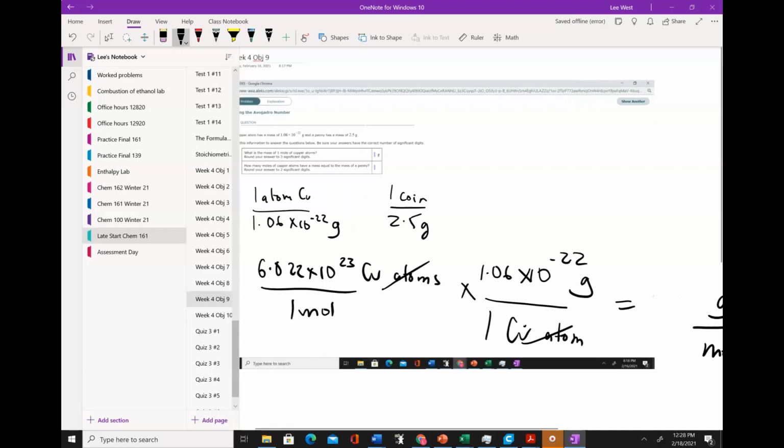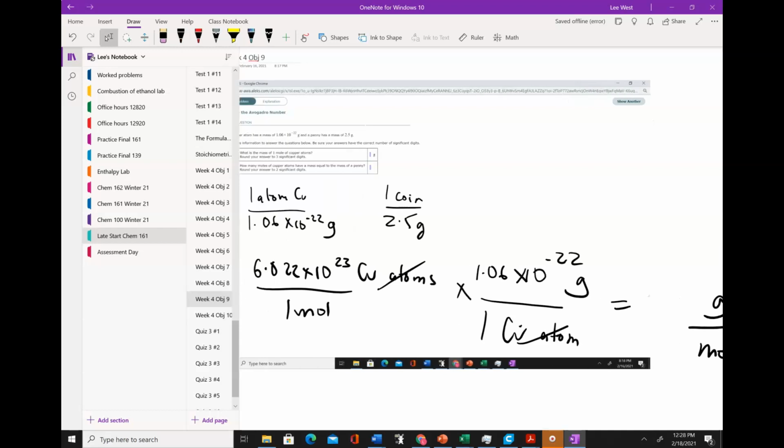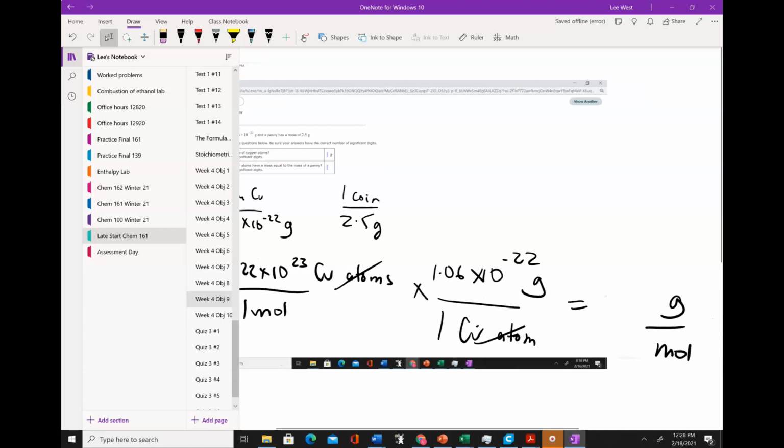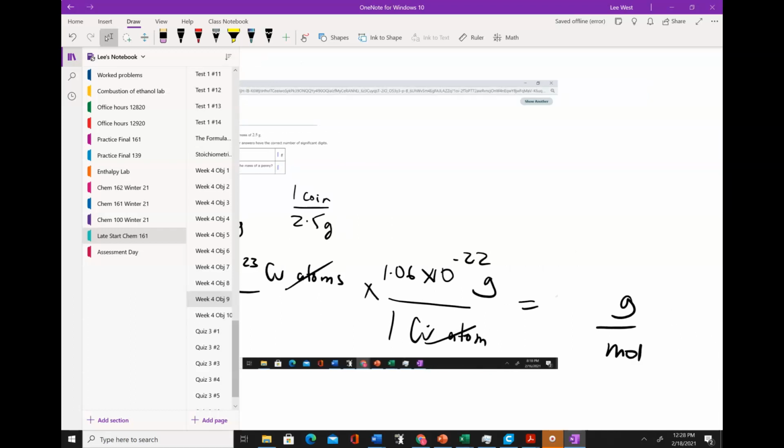So just Avogadro's number, 6.022 by 10 to the 23 times the mass of 1 copper atom. I know what it should be because I could look the value up in the periodic table, but don't trust that.